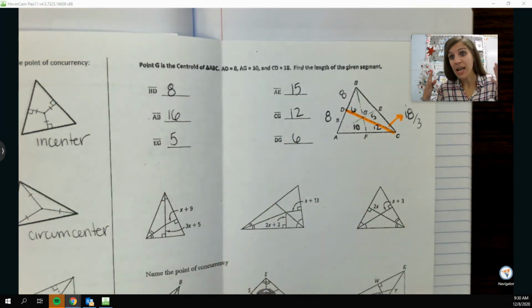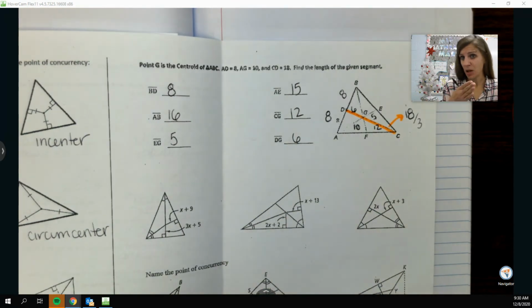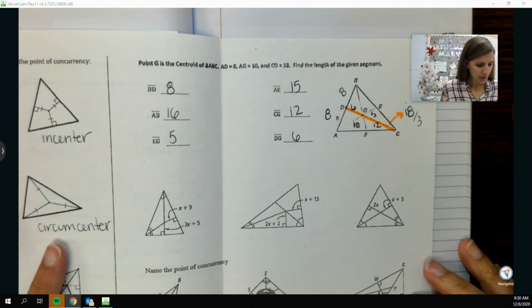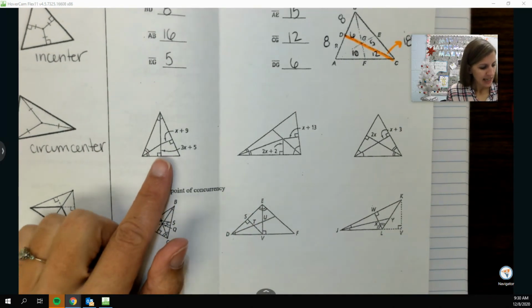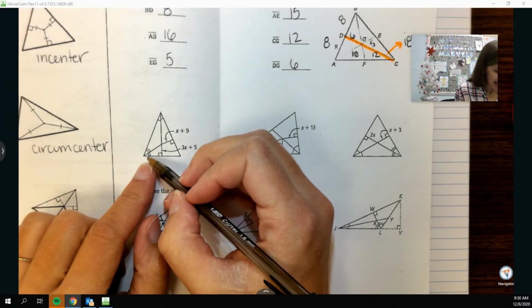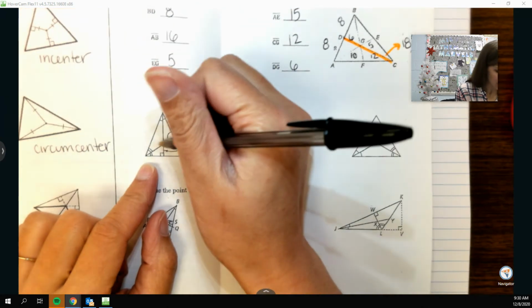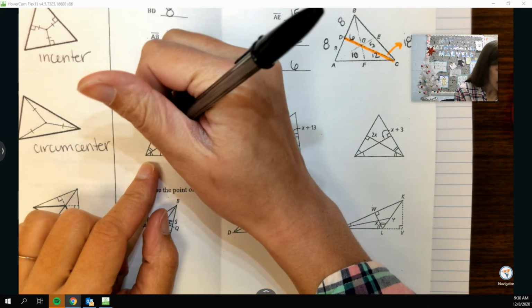So when they tell me the whole line, I always like to find the smaller part first, even if I don't need to, because then I can just always double that to get the longer. All right, jumping down here. This guy, so I can tell that they have the angle bisectors here, which means where they cross is the incenter.